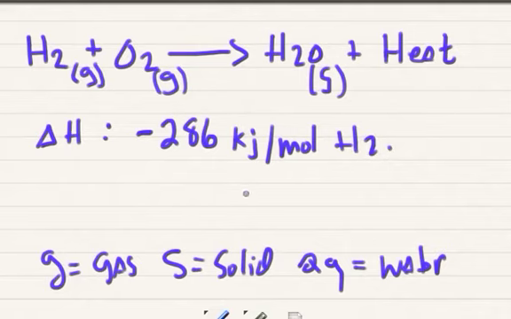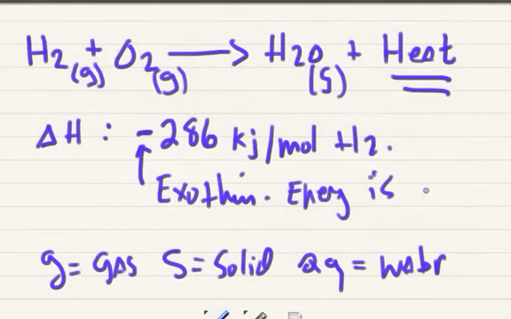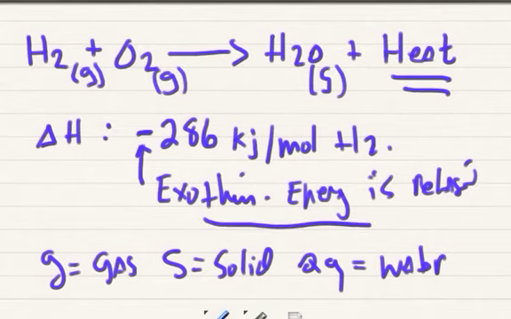So what does that tell me? That negative sign tells me that this is exothermic, and that energy in the form of heat is released. I'm releasing a lot of energy. I would expect that, and it's a pretty large number, as we would expect with hydrogen gas exploding and combusting.